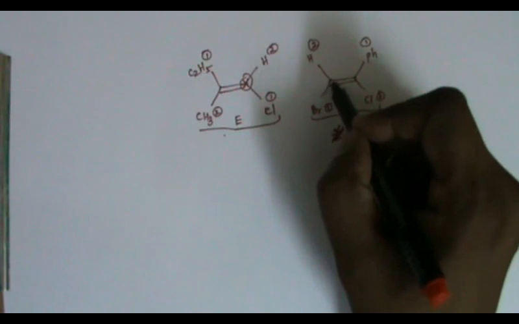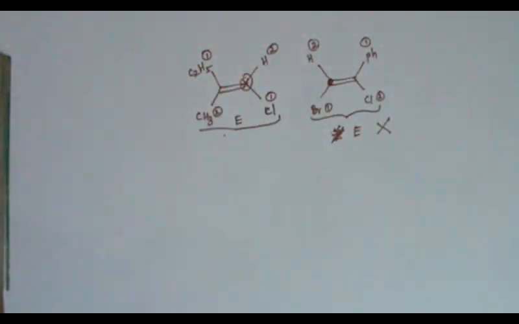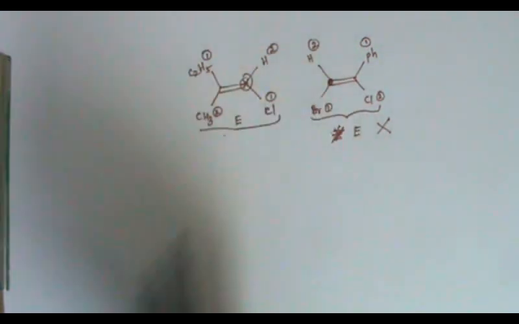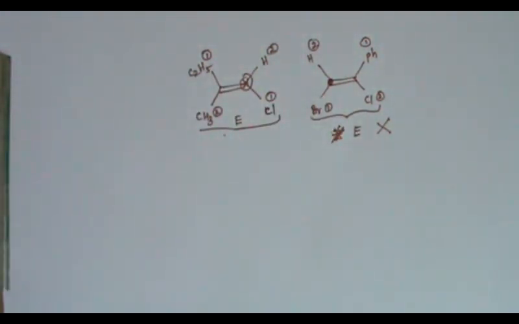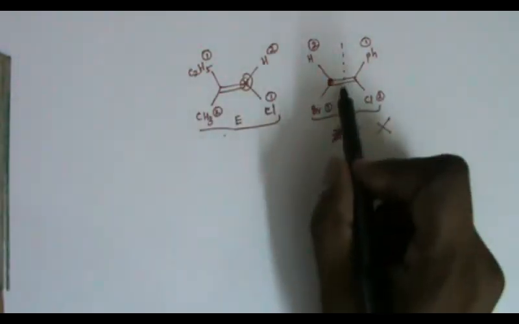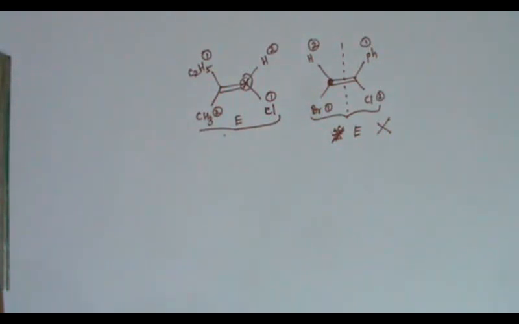You have to take one carbon atom of the double bond and give priority for the groups attached to that. That is why I told you to divide the molecule into two across the double bond. If you do like that, then there won't be much confusion.